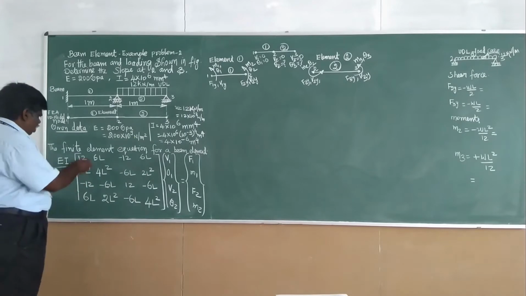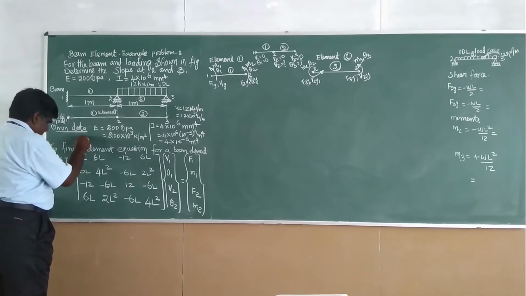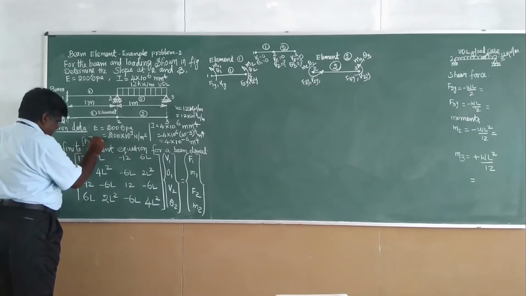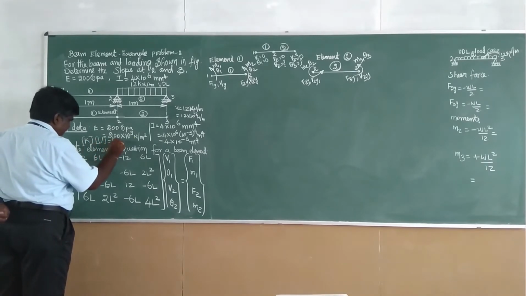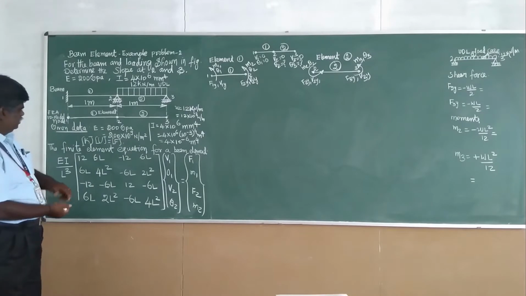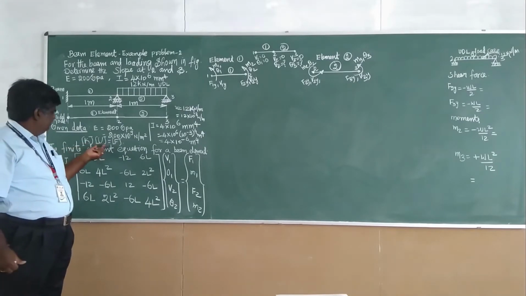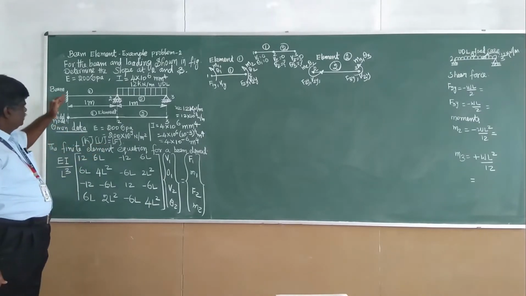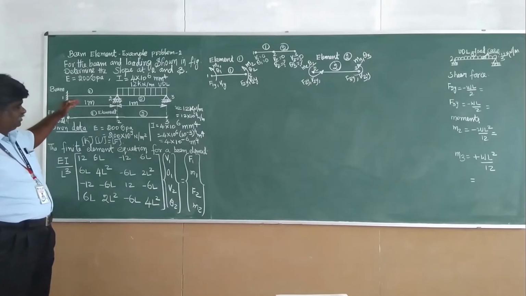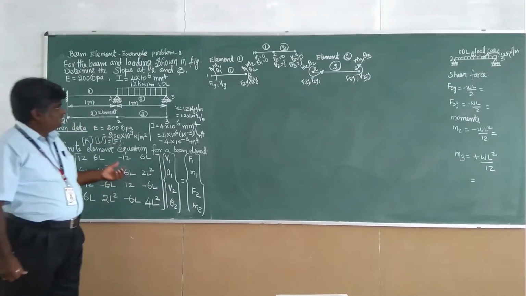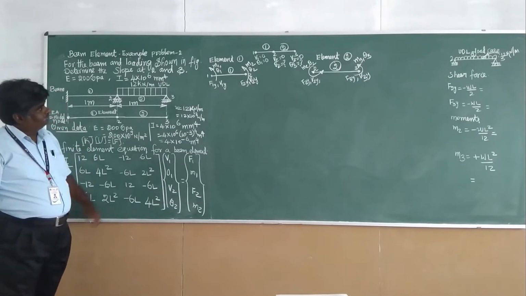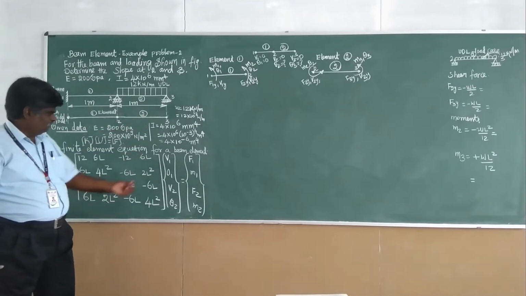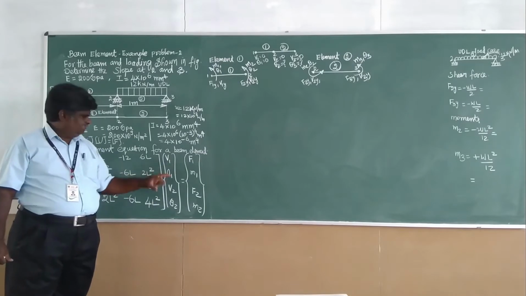Normally the system of equations is K times the displacement vector equals the force vector. In the displacement vector, at each nodal point we consider the deflection and the slope.